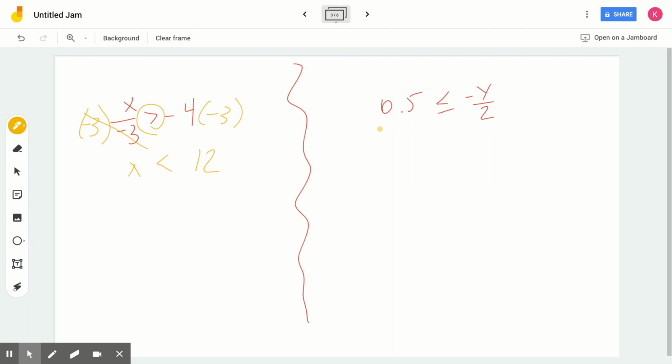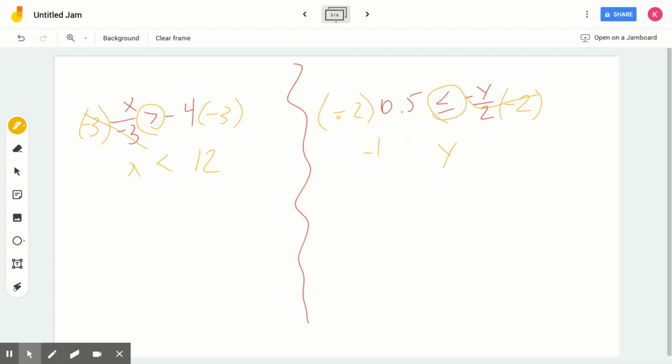Now the same thing for number 8. We have y is being divided by negative 2. The opposite is to multiply. Negative times a positive is a negative. 2 times a half is 1. This will cancel, and we're left with y.